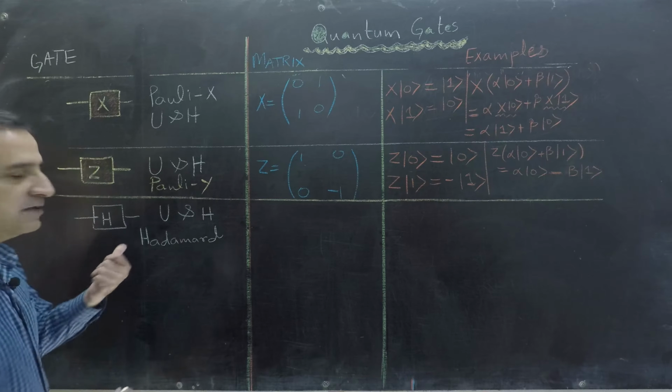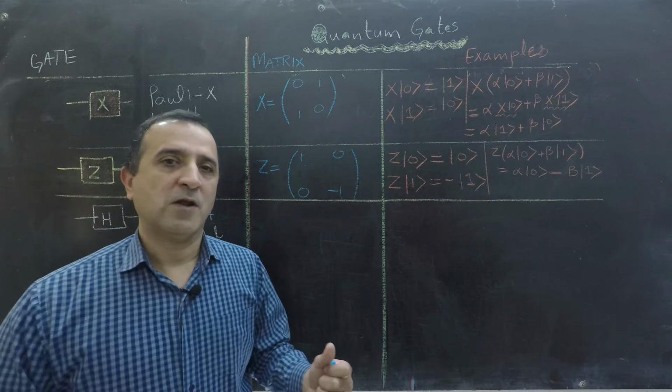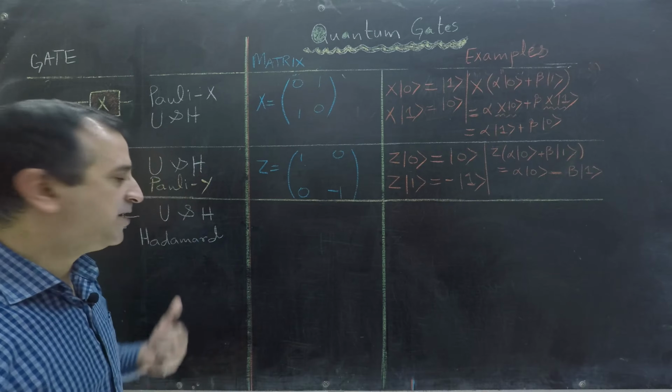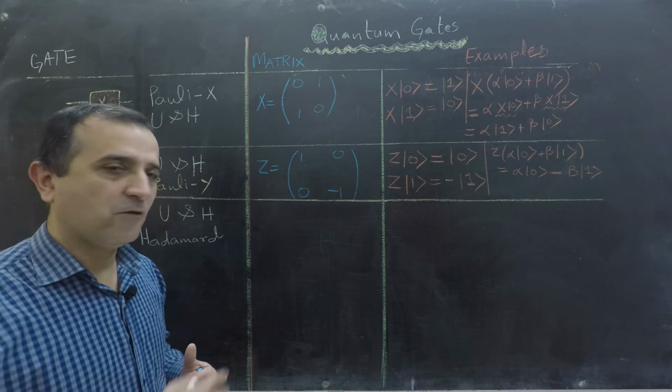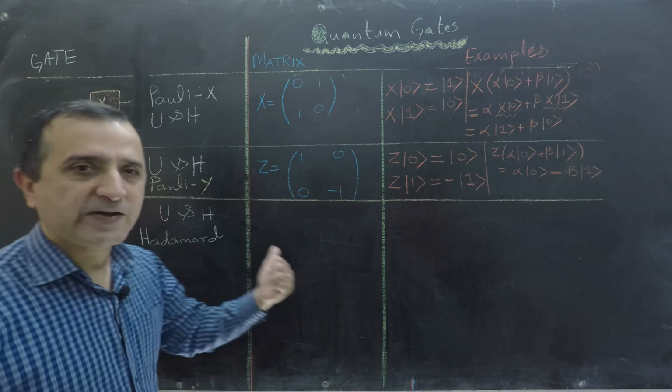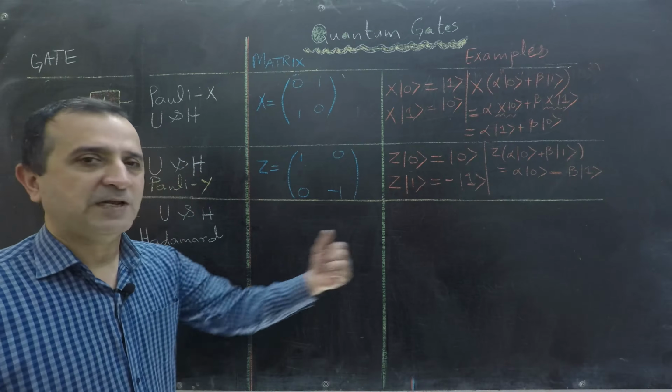The reason I like this gate is because all quantum algorithms use this gate. So to make it clear, I have made multiple videos about it, so you should go and watch those videos also. In this video, I'm going to just tell you this matrix and going to provide you a simple example.